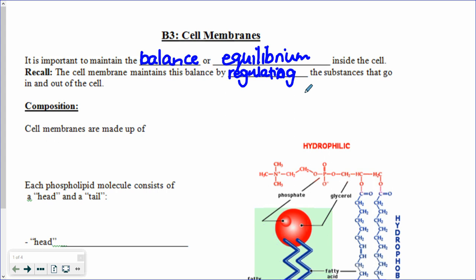So what a cell membrane is made up of. So composition, cell membranes are made up of what we'll call a bilayer. So bi meaning two layers of phospholipids.